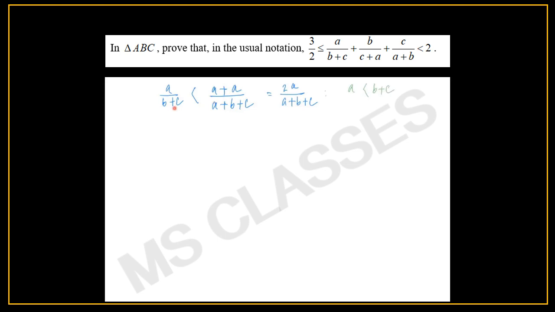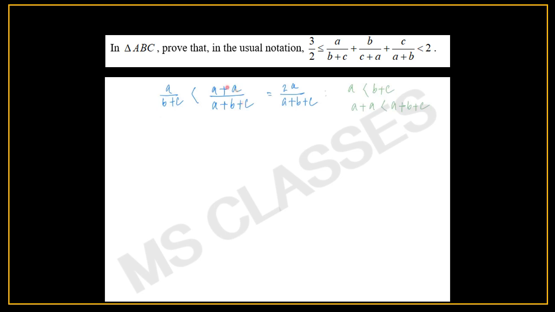A less than B plus C. Now, if we add A on both sides, then we can say that 2A is less than A plus B plus C. Obviously, because if we add A here, we can say this one is less than this one. That means here also this quantity will be less than 1. Here also this quantity will be less than 1.